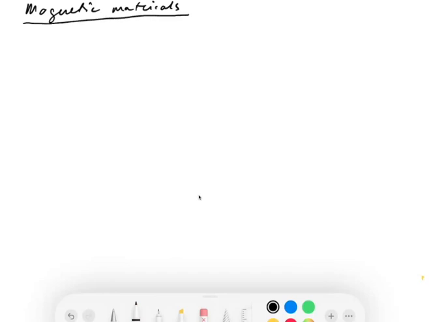So we have a current density in general. It's going to be a J free plus a J convection. So J convection is a little bit strange.